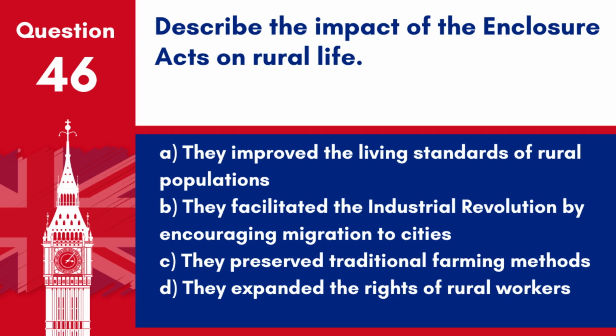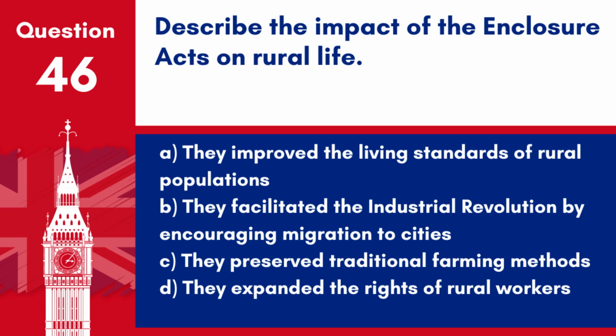Question 46. Describe the impact of the Enclosure Acts on rural life. A. They improved the living standards of rural populations. B. They facilitated the Industrial Revolution by encouraging migration to cities. C. They preserved traditional farming methods.